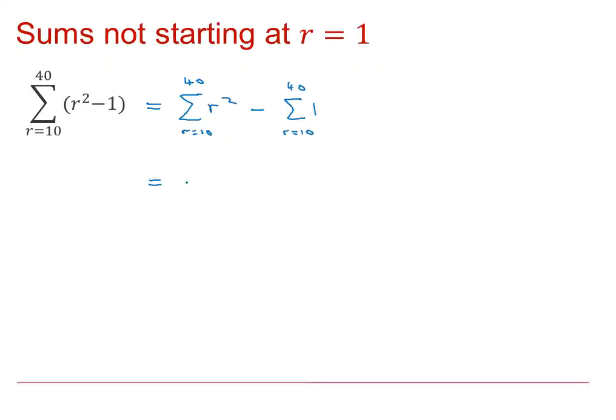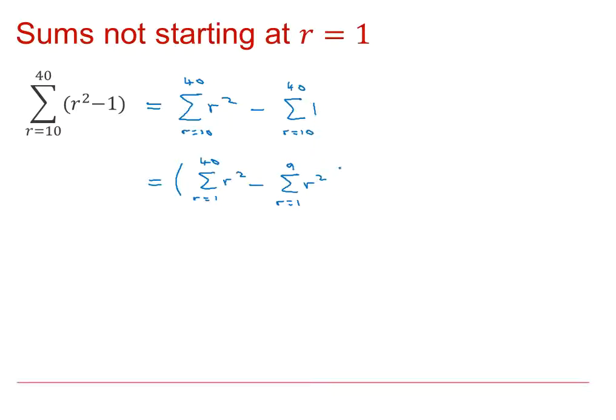So if we look at the sum of r squared first, we need the sum of the terms from 10 to 40. So the way we deal with that is we find the sum of r squared starting at 1 all the way up to 40, and then we take off the terms that we don't want to include, which is the sum of r squared from 1 to 9.